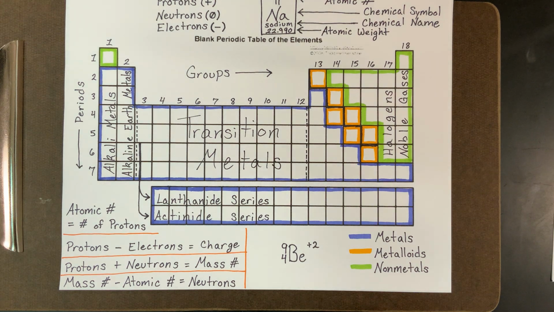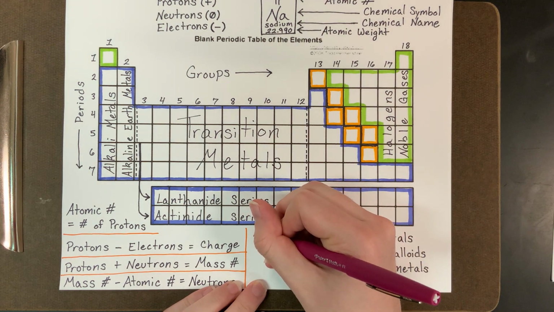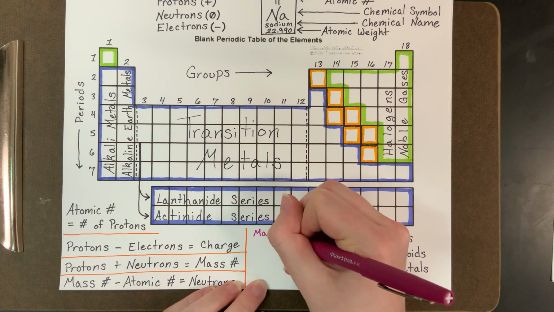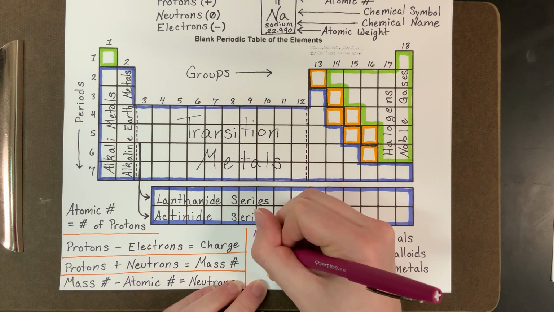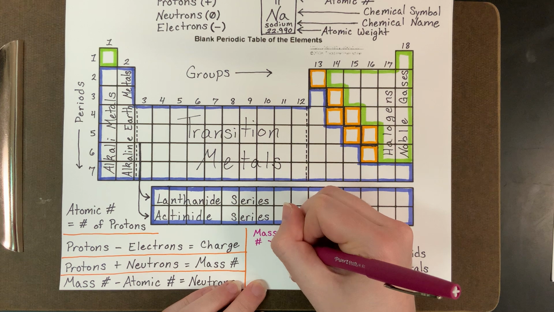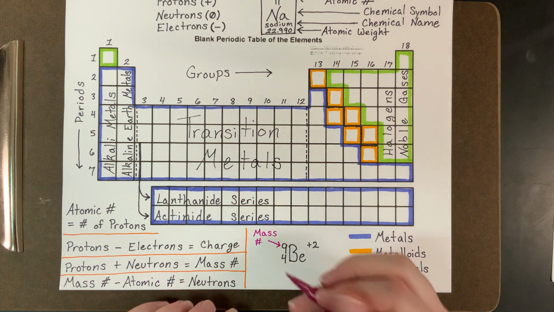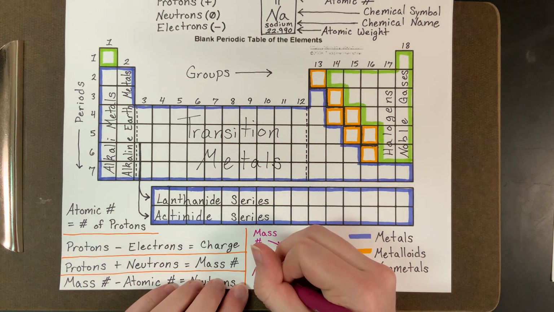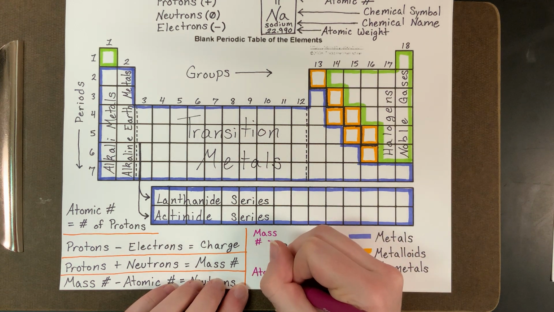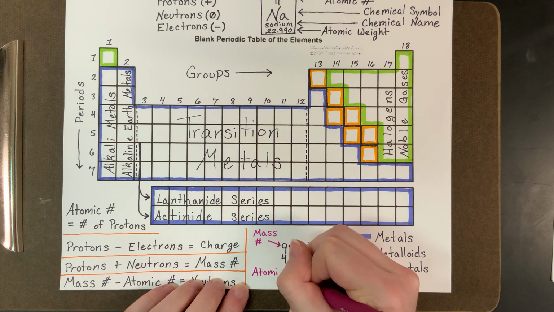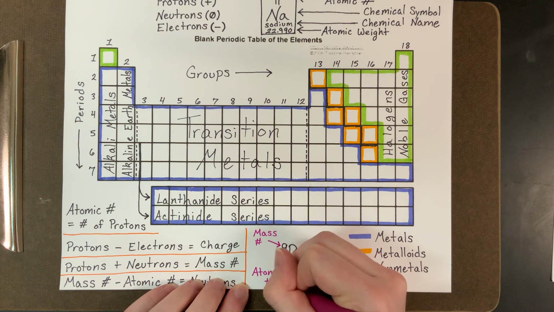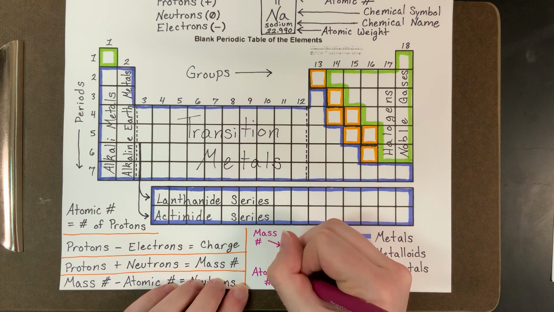So the first number that is stacked on top is the mass number. So on the top left-hand side, that's going to be your mass number anytime you see isotopic notation. The atomic number is the number on the bottom left.